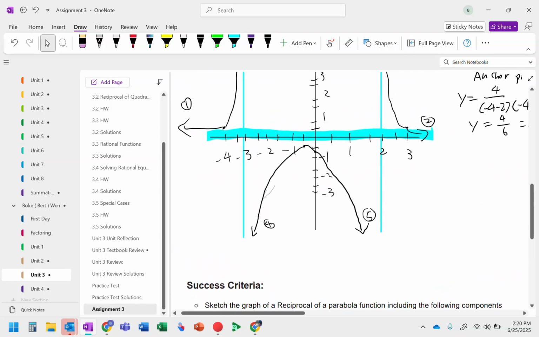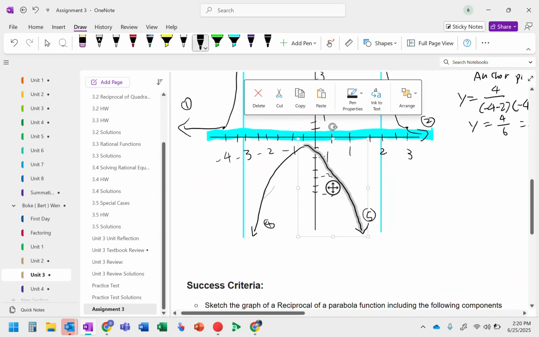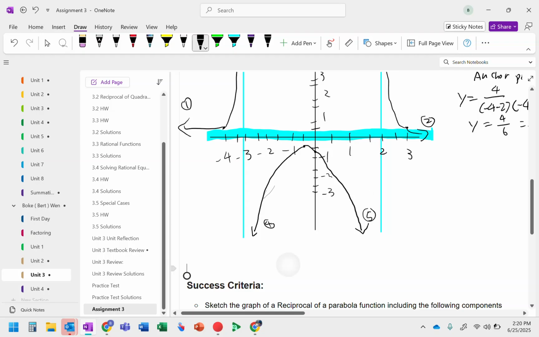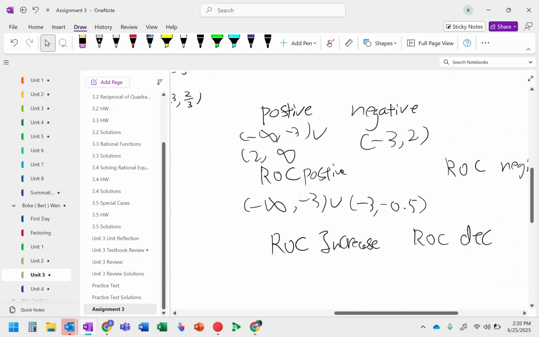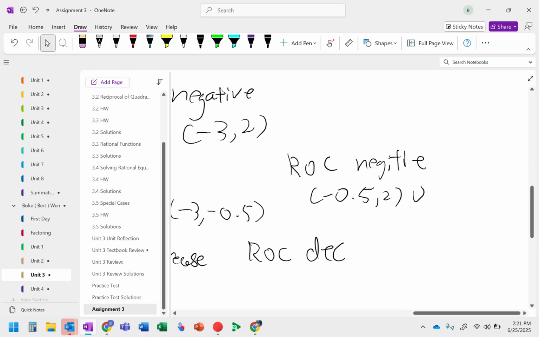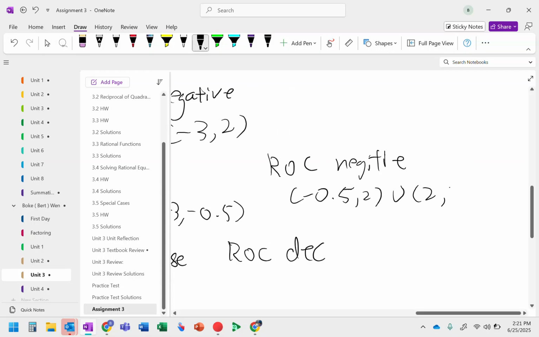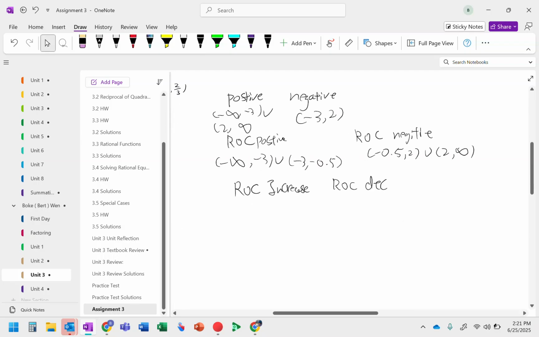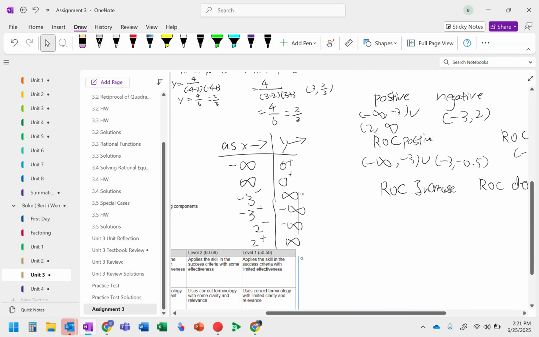You can see this right here, from this vertical asymptote to the top before it starts going down. And now the rest is just negative, -0.5 to 2, and positive to infinity.